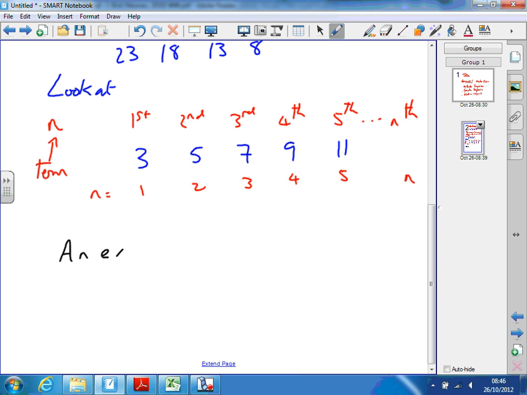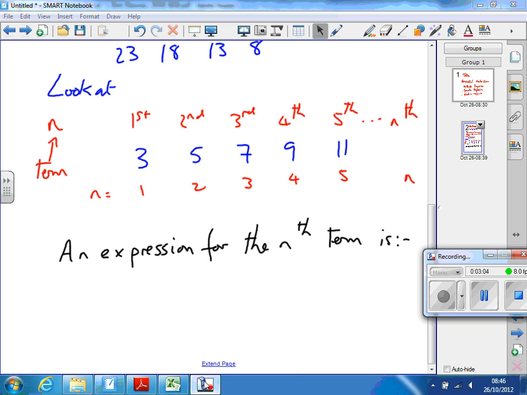An expression for the nth term is a plus n minus 1 lots of d.